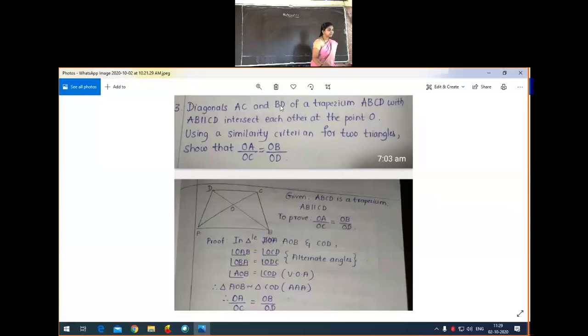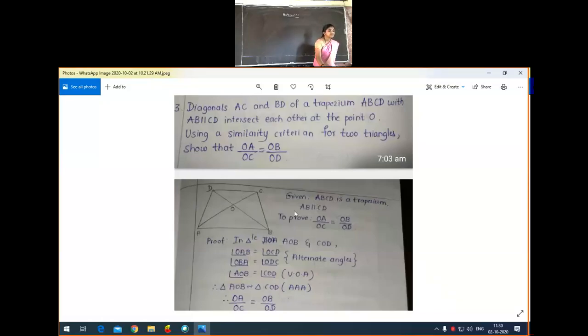Diagonals AC and BD of a trapezium ABCD with AB parallel to CD intersect each other at the point O. Using the similarity criterion for two triangles, show that OA by OC is equal to OB by OD.